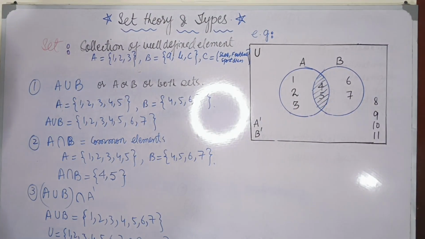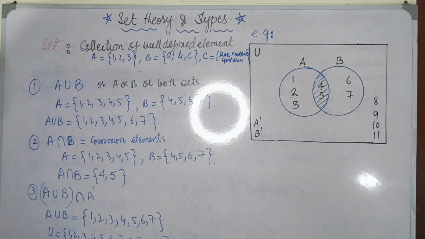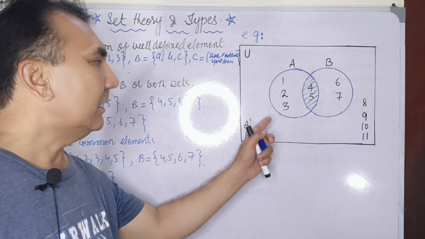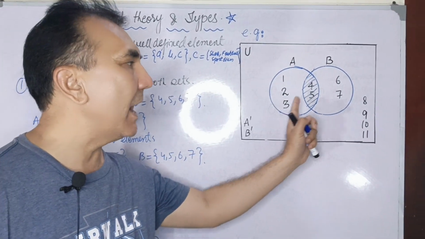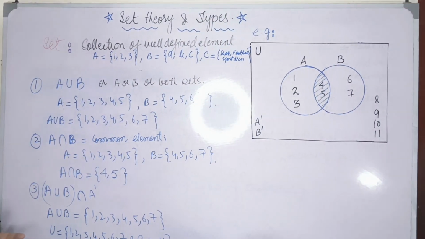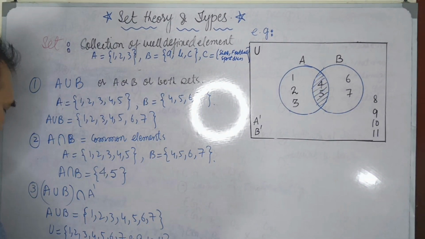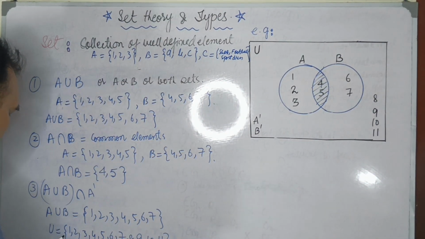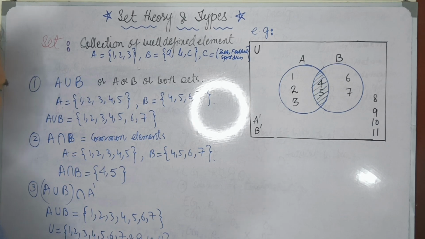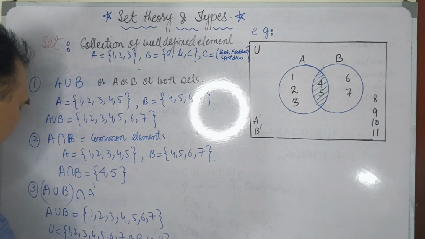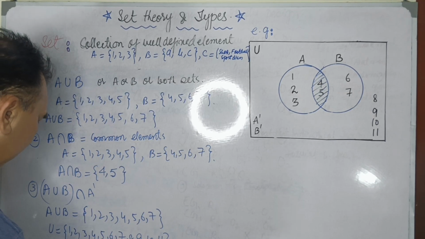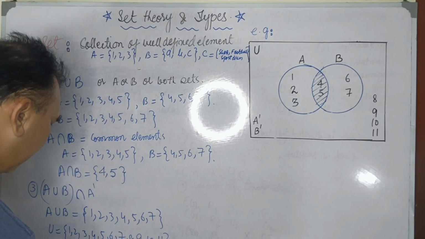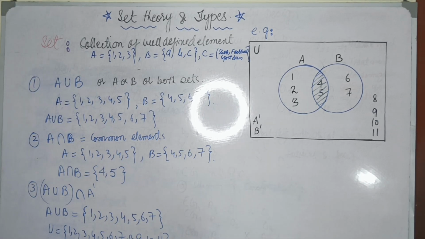Now the A complement is, as I told you, the elements of the A set subtracted from the universal set. So first we write down the A set, 1 2 3 4 and 5. So A complement is 6 7 8 9 10 and 11. So this is the A complement.